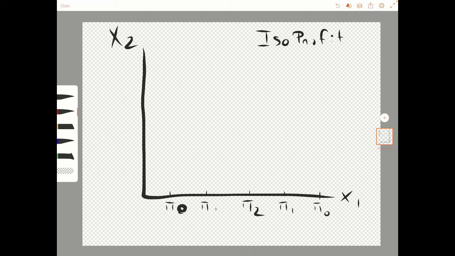Now the easiest place to start is right here. At this red dot, pi 2 is the profit maximum, and that occurs when firm 2 produces no output. And basically what we're saying here is that firm 1 is the monopoly. If firm 1 chooses output over here or over here, they will earn a smaller amount of profit, but that's if firm 2 produces nothing.